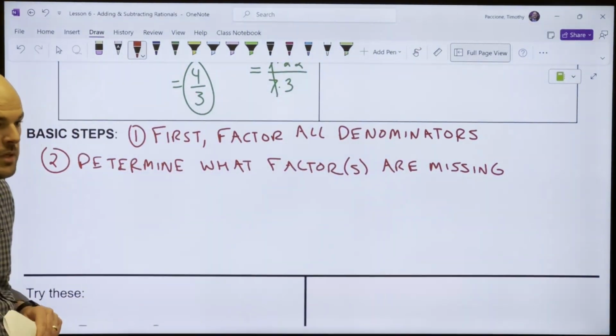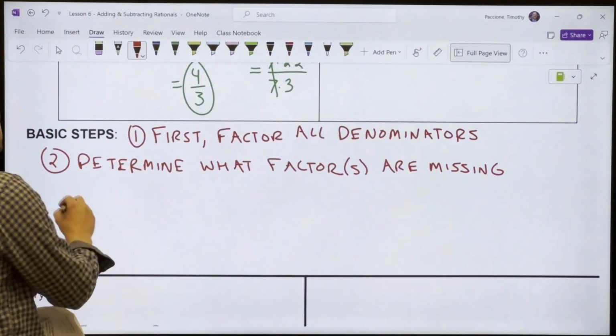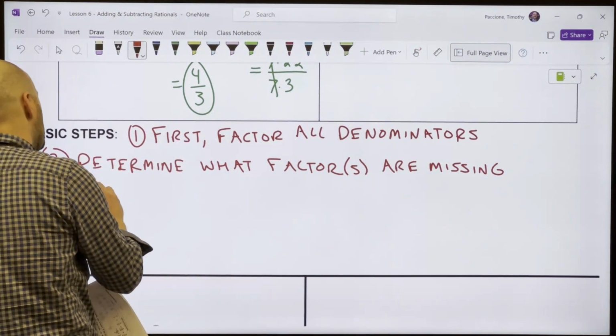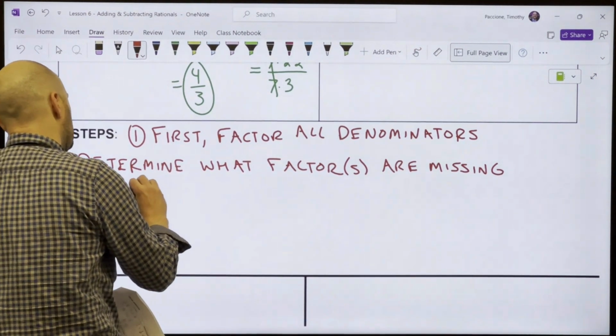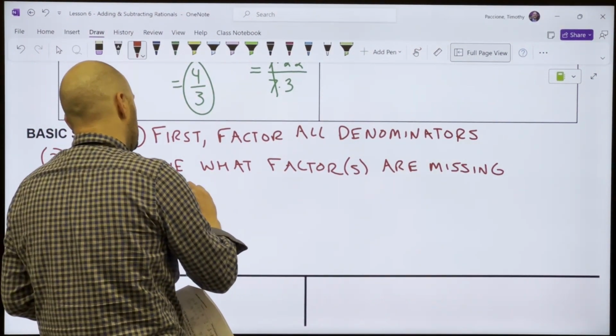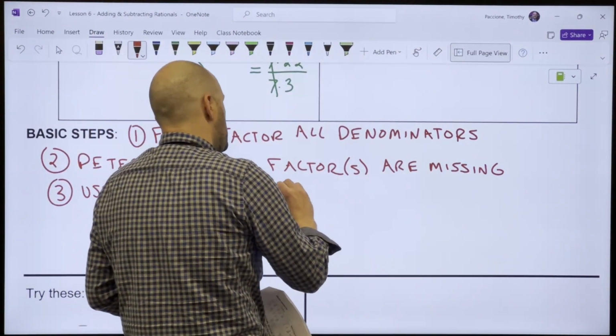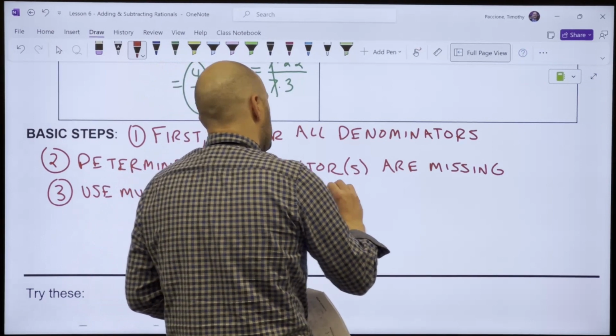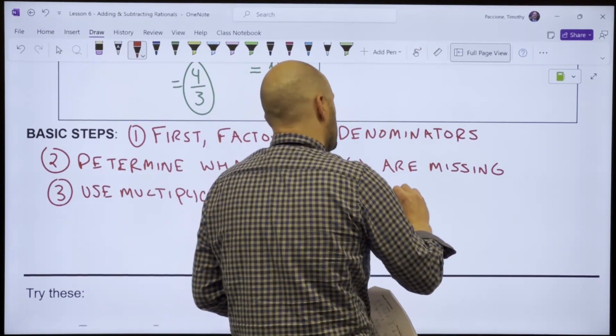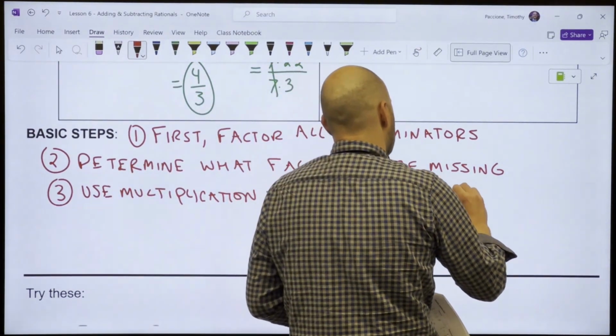Right? Once I figure that out, I use multiplication to put in my missing factor or factors.